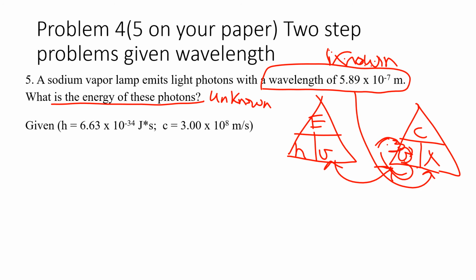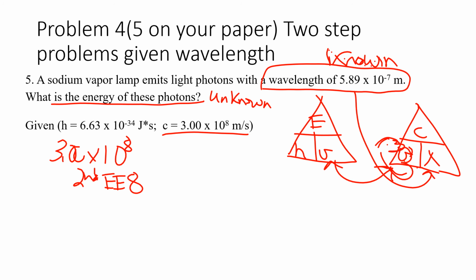So first stop, given c, our speed of light, is 3 times 10 to the 8th. Again, you're doing your second EE button here, to the 8th power. And then you're going to do divide by the wavelength given in the problem, which is 5.89. I'm going to do second EE button again. Find the negative sign at the bottom right. 7 power.